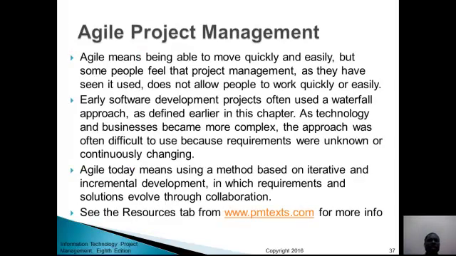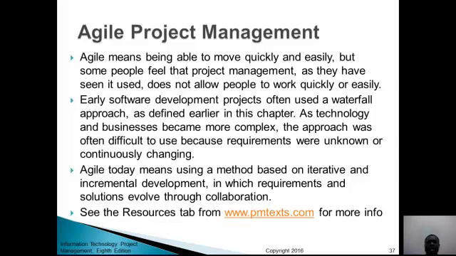Then we have what we call Agile project management. Here, Agile means being able to move quickly and easily, but some people feel that project management, as we have already indicated, does not allow people to work quickly or easily. Early software development projects often used the waterfall approach, but currently the trend is changing.